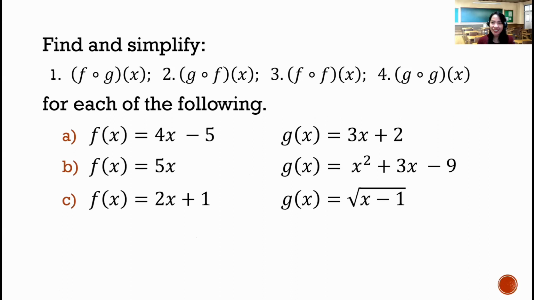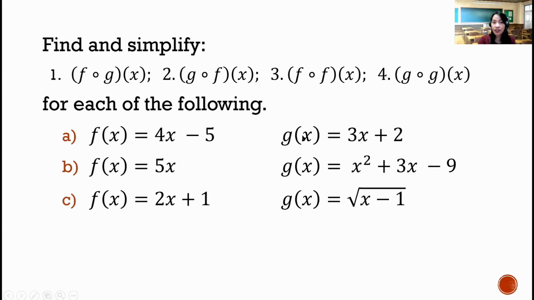Now, it's your turn. Find and simplify, given the composite functions f of g, g of f, f of f, and then g of g. We have these given functions. For letter A, we have f of x and g of x.